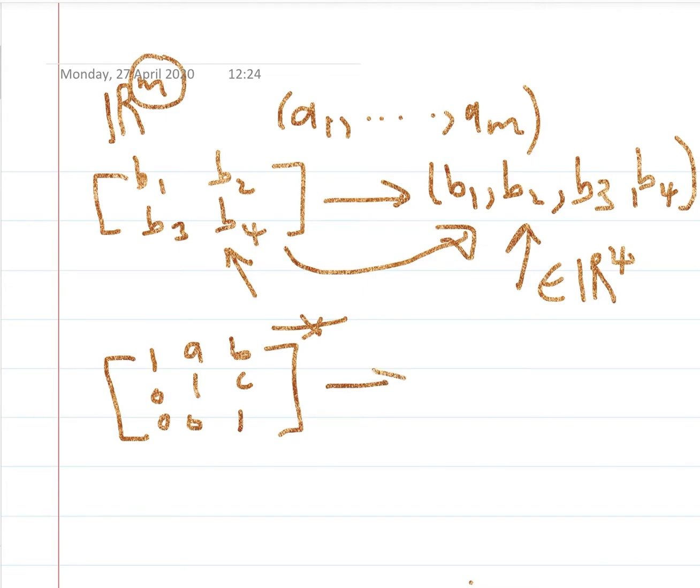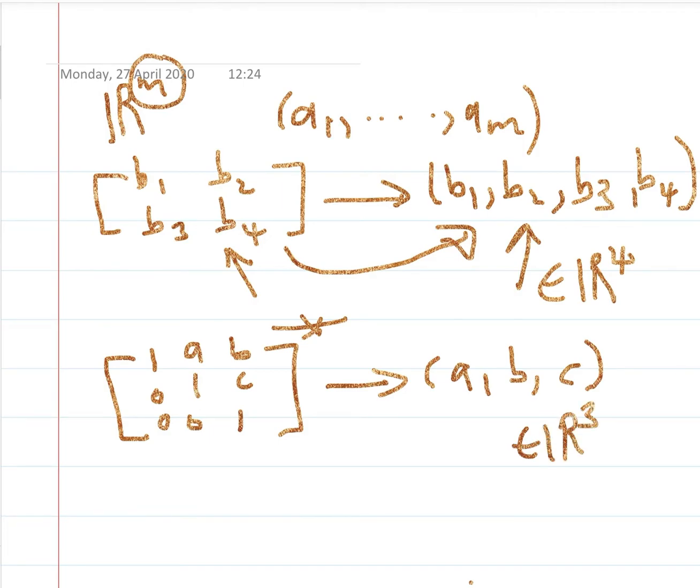Here, of course, since every matrix in this set would have the same elements down the diagonal and below the diagonal, we need only map this to the 3-vector ABC. So this is in R3.